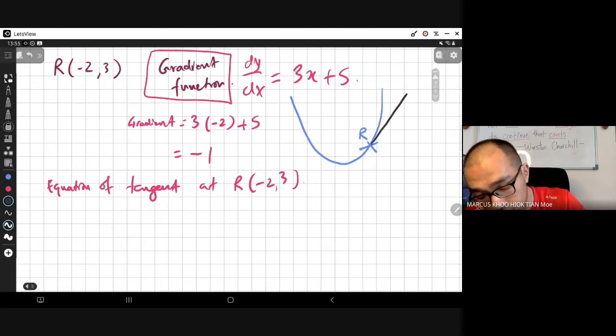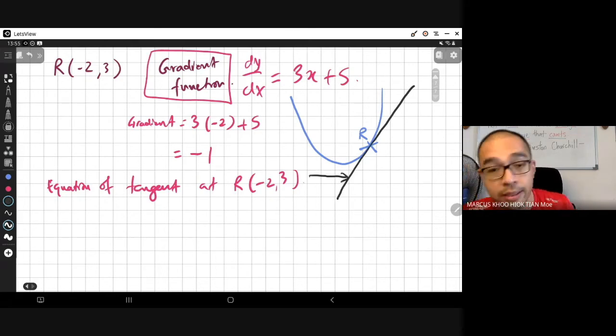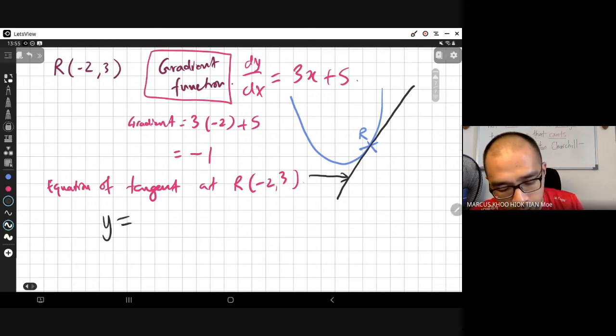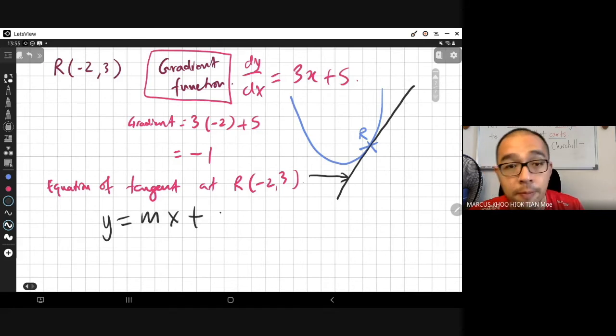So it is a straight line. This is the tangent. Since you can see very clearly that the tangent is a straight line, what is the standard equation of a straight line? The standard equation of a straight line is y equals mx plus c.